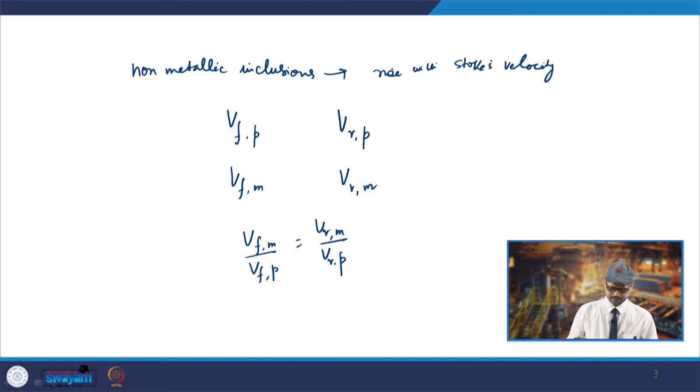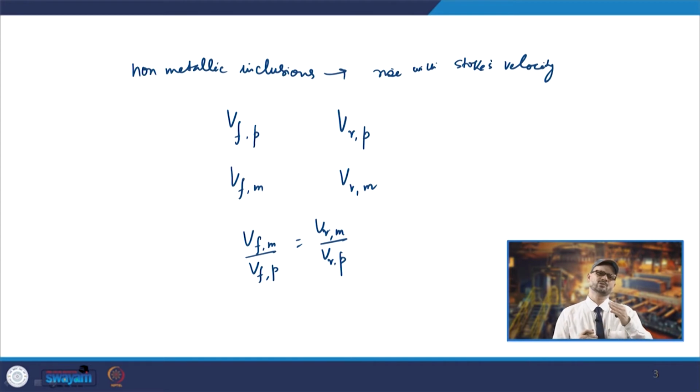Then you will try to go for the appropriate material for the inclusion, which should be taken as the inclusion material for the model, because for the prototype you also know the liquid, that is steel.